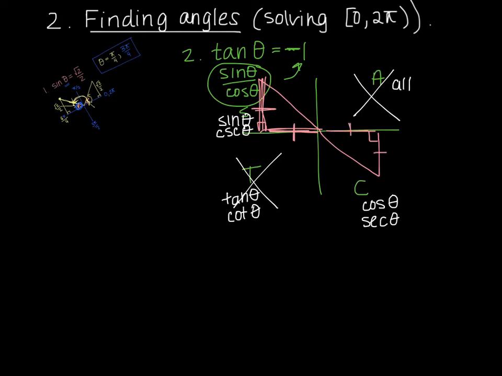Let's see why they divide to be a -1. My x value is positive in the fourth quadrant, but the y value is negative, which would divide to be a negative number. And over here, my x value is negative, but the y value is positive, and so that would divide to be a negative number.